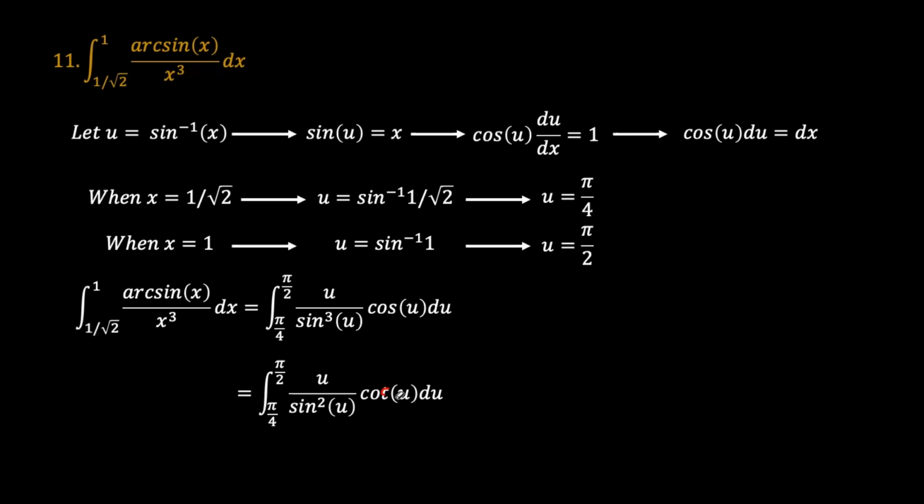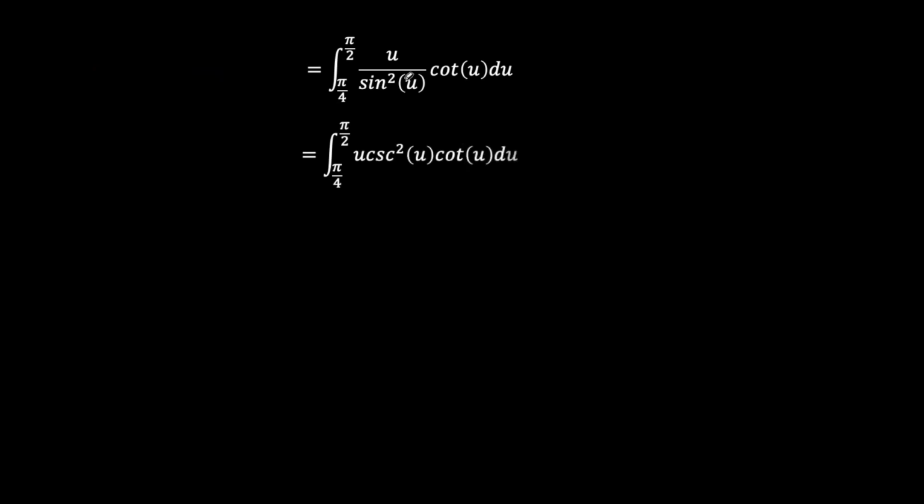And that means that now we have our integral of u times the reciprocal of sine squared u, which is cosecant squared u, times cotangent u.